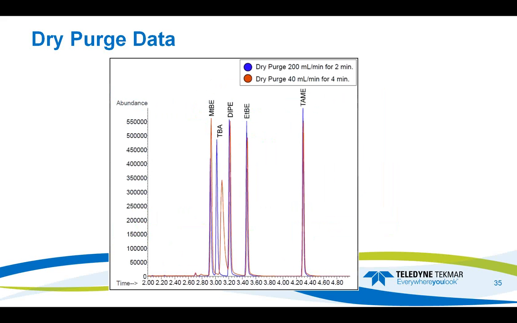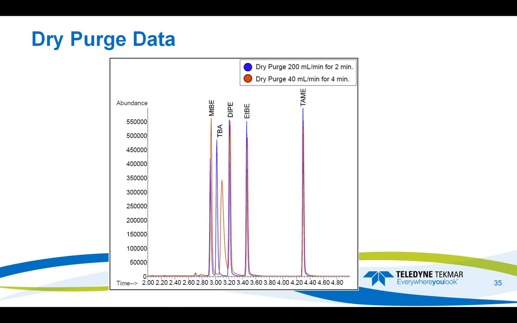And to that end, we see here that when we use a dry purge of 200 mils for 2 minutes, so hit with a lot of flow, but for a short amount of time, we get nice sharp peaks and we get good recoveries of some compounds, such as our TBA, our ETBE, and our TAME.